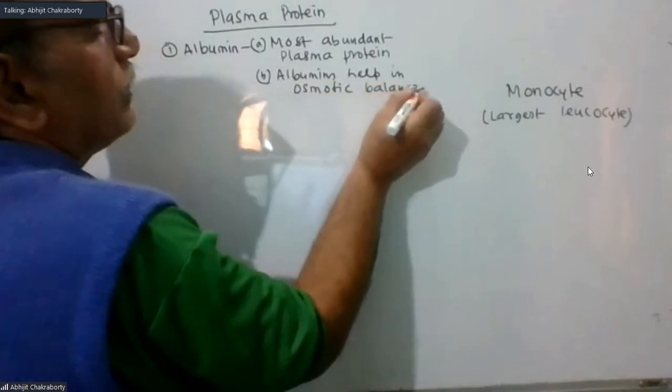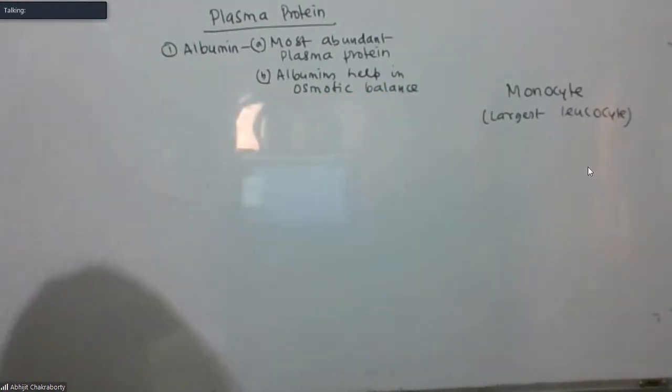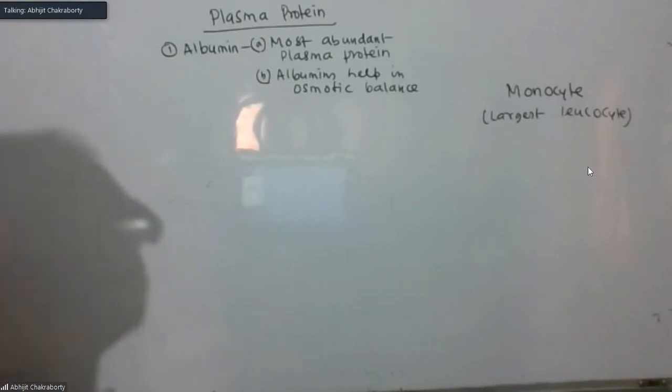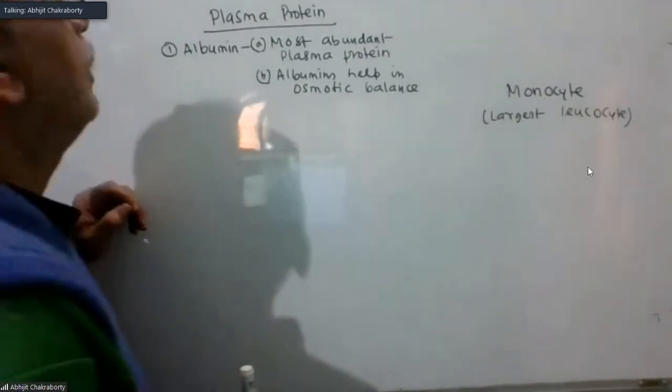It helps in osmotic balance. The most abundant plasma protein, it helps in osmotic balance. This is what about albumin.